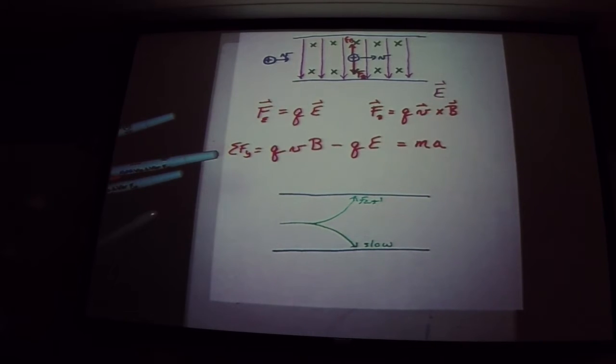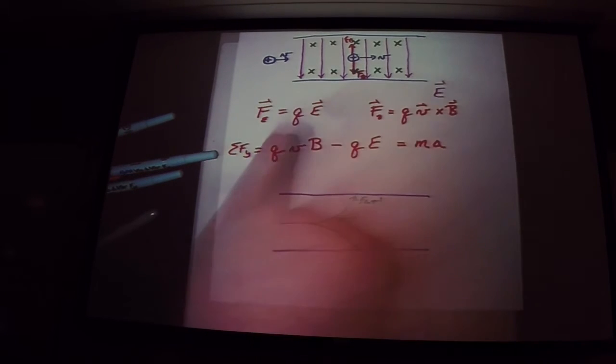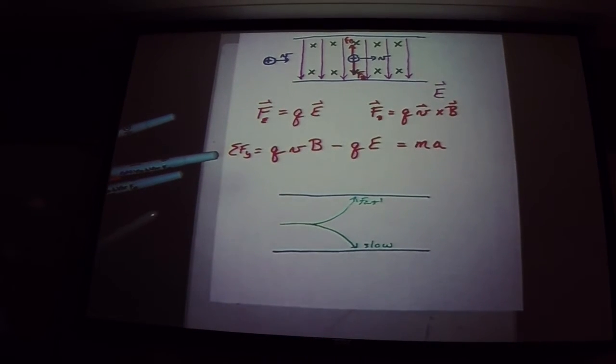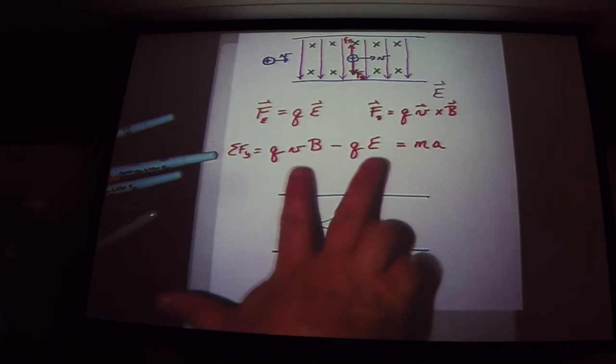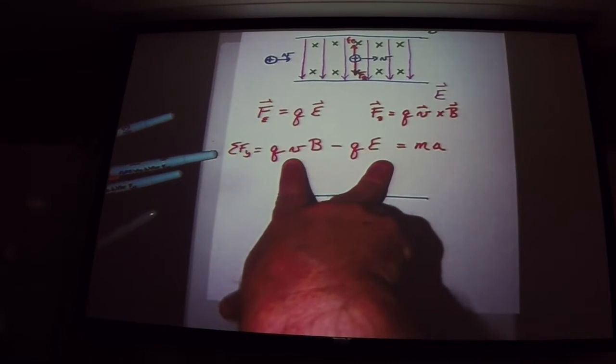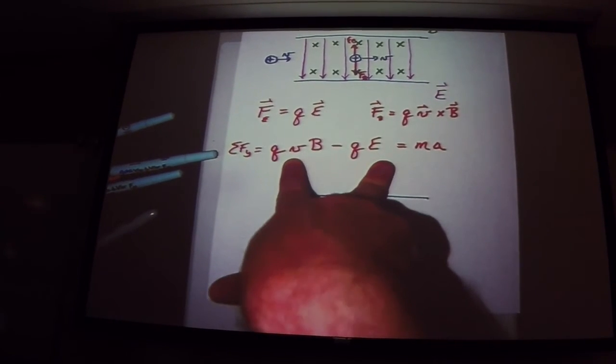So what's the ratio? How do we measure if it's slow, if it's fast? Well, if the velocity's low, the electric force is going to be bigger; if the velocity's fast, the magnetic force is bigger. So there's got to be a threshold in between, where these two forces balance out, equal and cancel each other out.